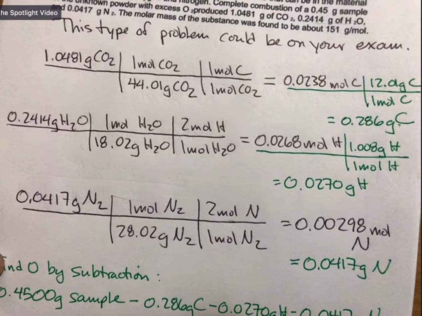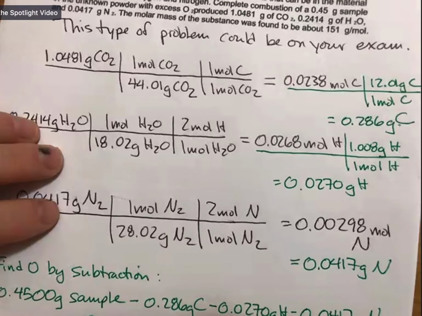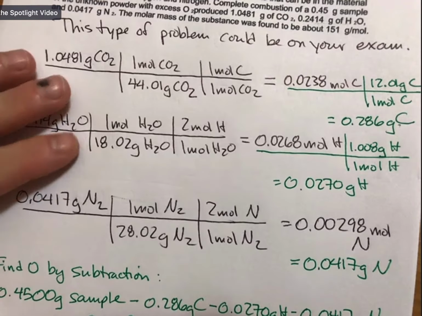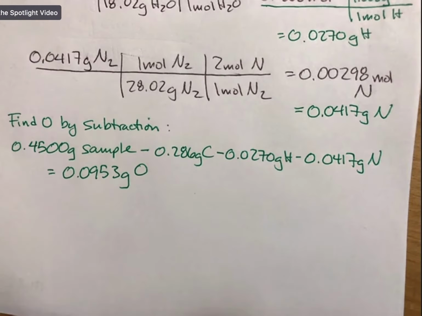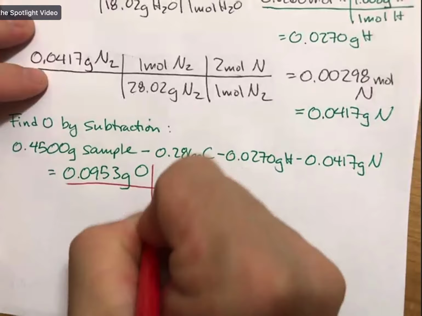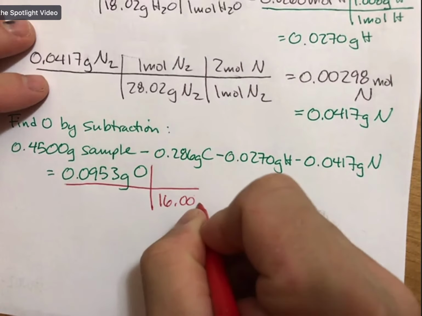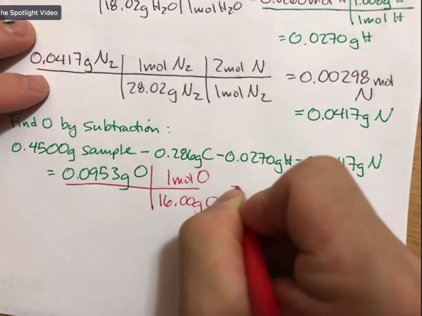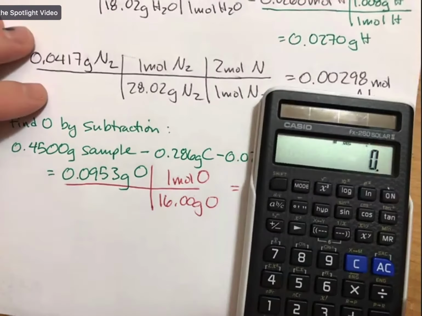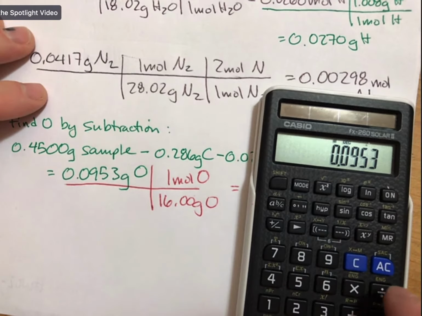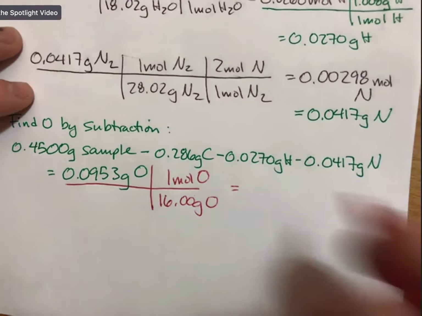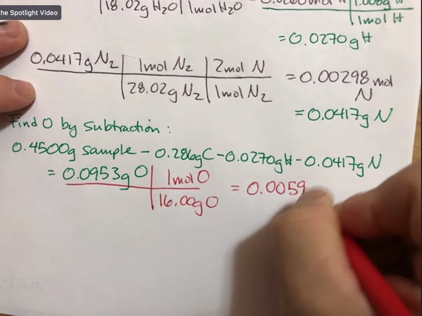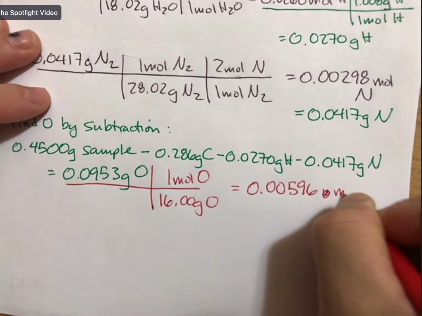And I get 0.0953 grams of oxygen. Sorry, I went off page there. There we go. There's my setup. And then molar mass of oxygen, 1 mole of oxygen: 0.00596 moles of oxygen, like so.